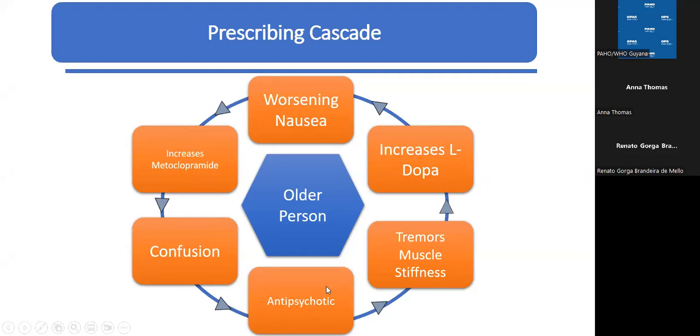This antipsychotic medication caused tremors, muscle stiffness. And then another doctor increases the levodopa. And the levodopa worsens nausea.